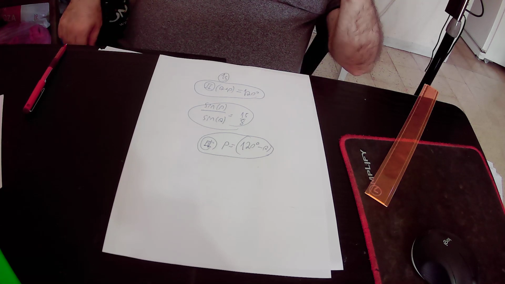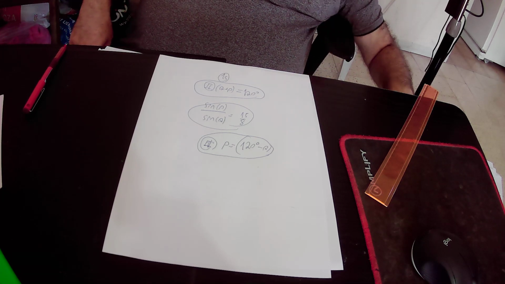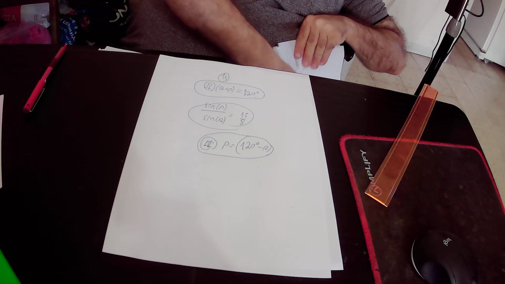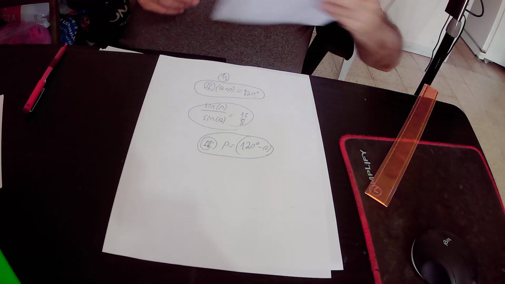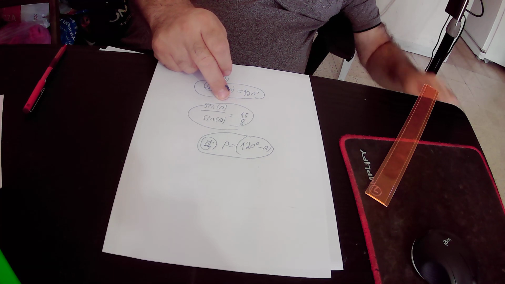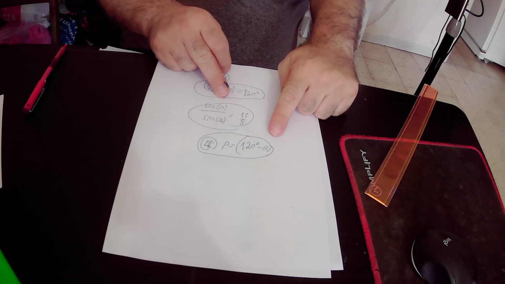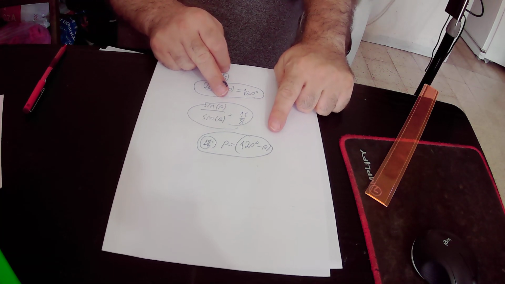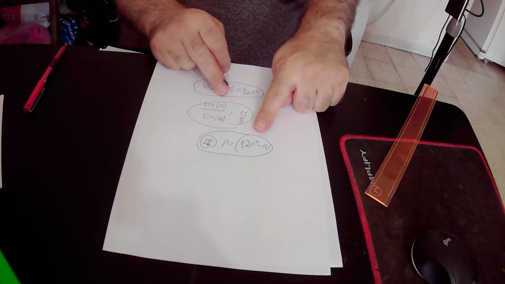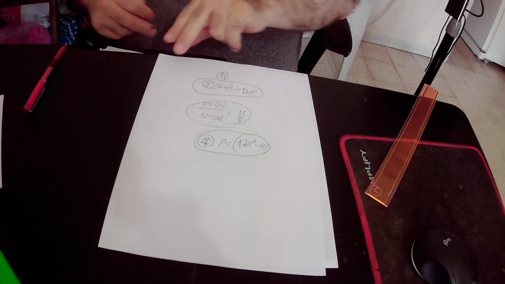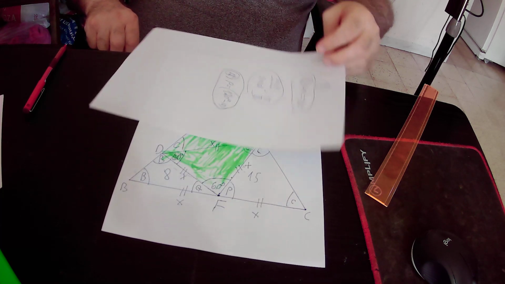So here we can substitute P by 120 degrees minus Q, because P equals 120 degrees minus Q according to equation number 2. So we'll do it now.